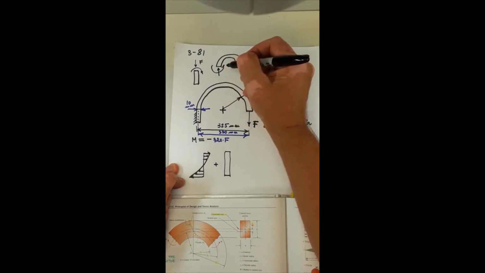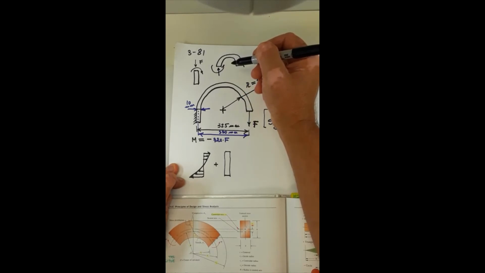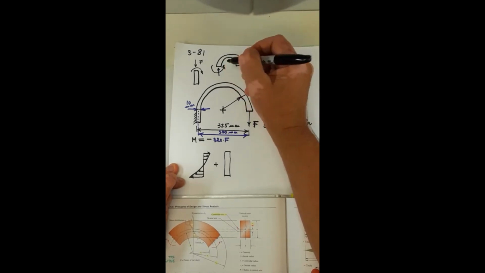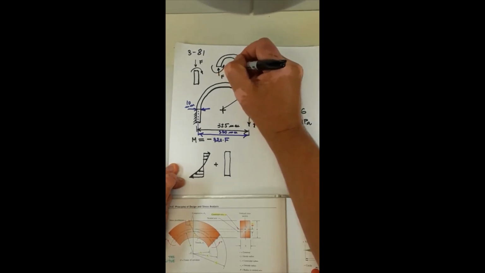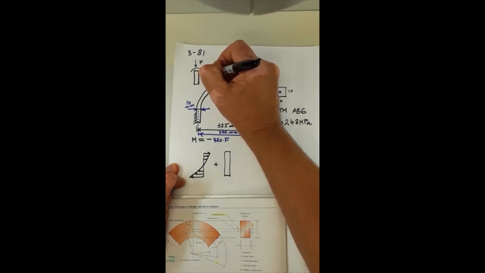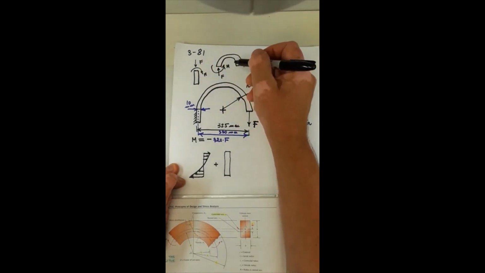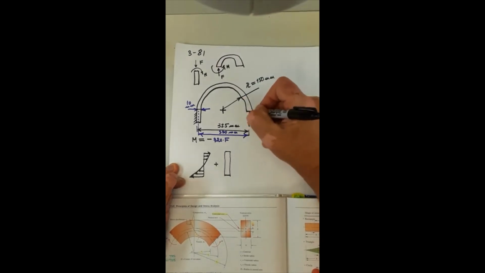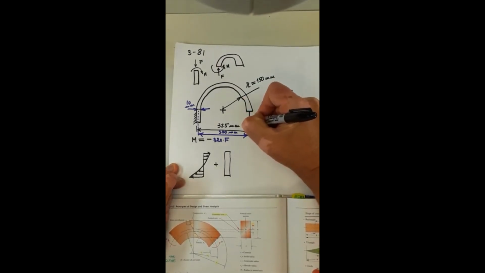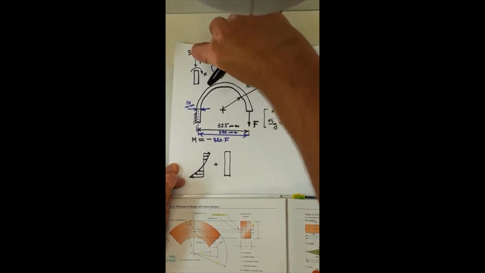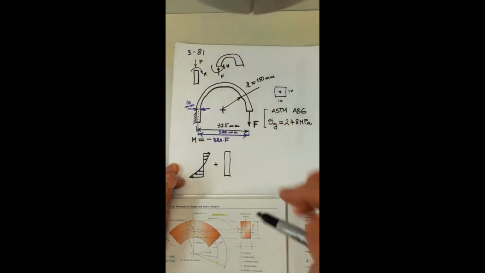Am I showing it the right way? Yes. So force F, moment M, and force F. It's clear from the original figure that I drew that the moment has a tendency to further bend the beam.